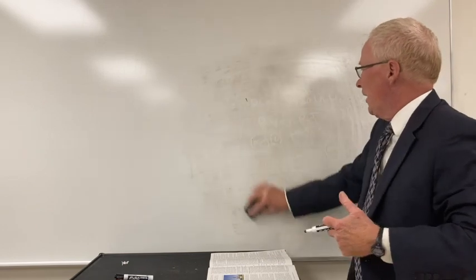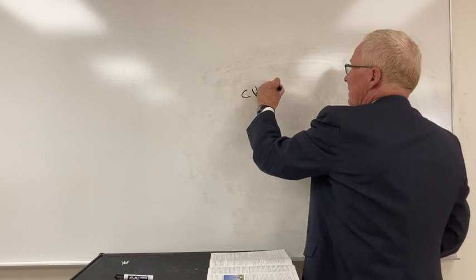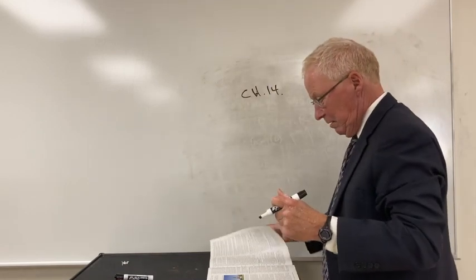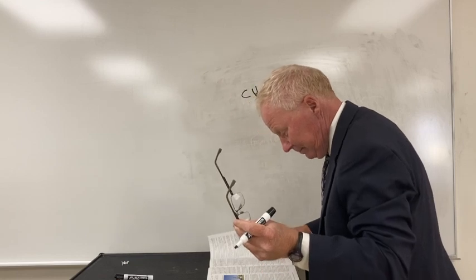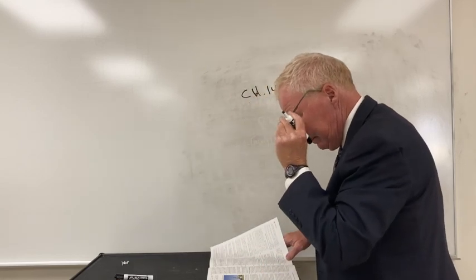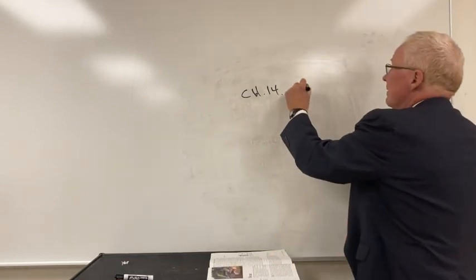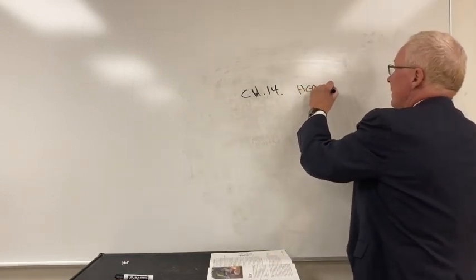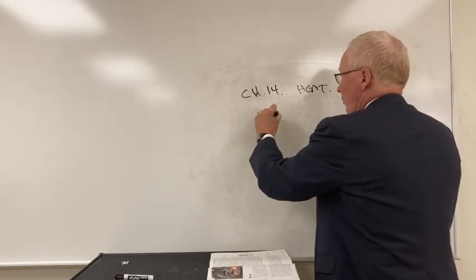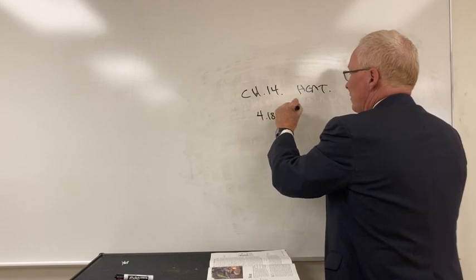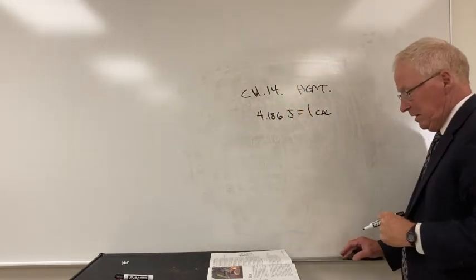And then the final chapter, chapter 14, which is on heat. All right, again, kinetic relationship 4.186 joules is equal to 1 calorie, as far as that's concerned.